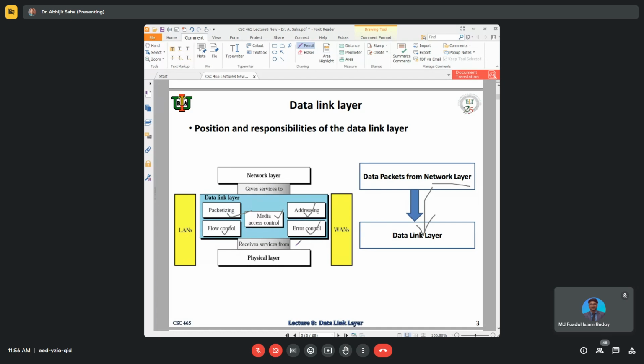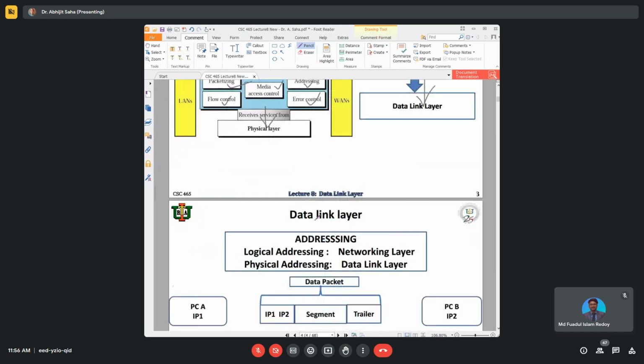These are the different services that the data link layer gives. Whatever the data demands, that service is given from this data link layer, and after that it is sent to the physical layer. So this is what the introduction slide says.